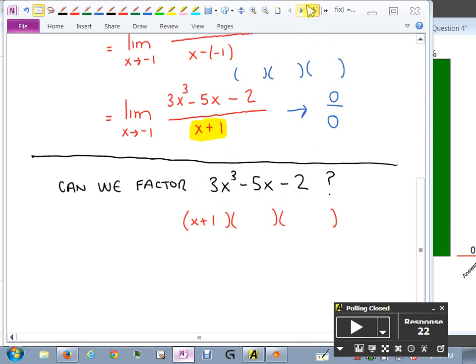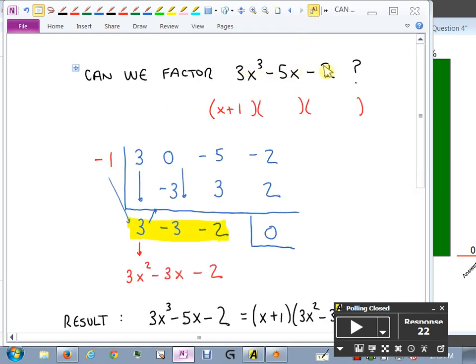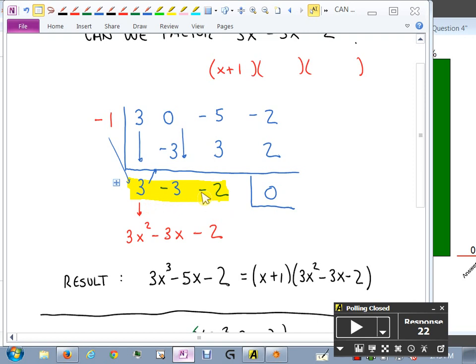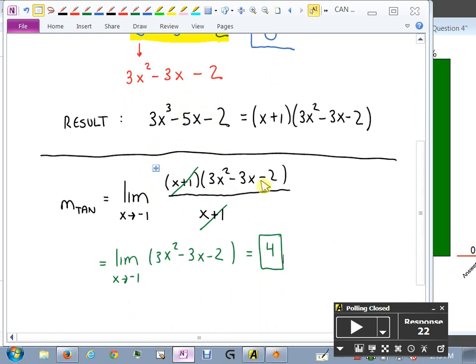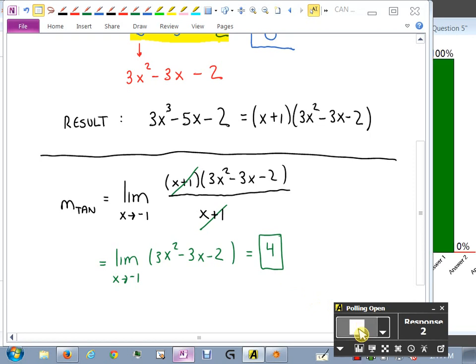Then I said, how about rewriting that polynomial in a synthetic division box, coming in with the 0, the thing that creates 0 here, -1, doing synthetic division, making sure I get 0 out here. These three numbers represent the coefficients of the remaining polynomial. That means that the original polynomial breaks down to be the x plus 1 times this. Rewrite the limit, factored, cancel, get the limit. Are you still alive? Okay, give me a vote of confidence here.